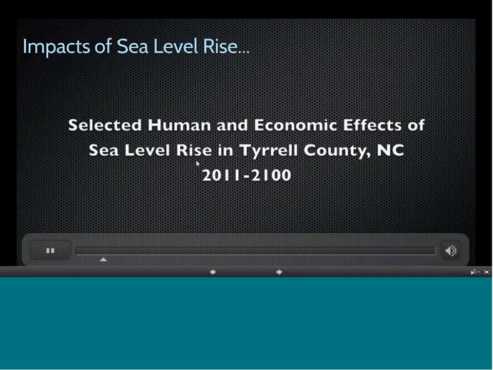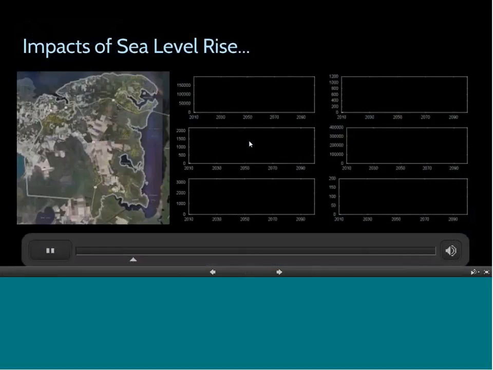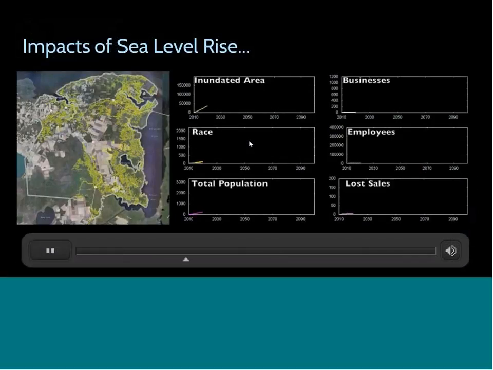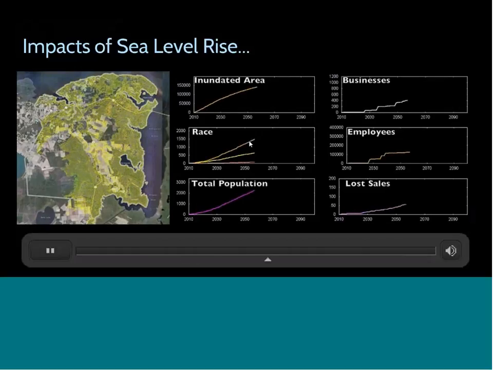I'm just going to show it real fast here again. Because we have dots for both the businesses and the synthetic households, it's really easy to make these sorts of summaries and analysis, assuming we have a good sea level rise model.